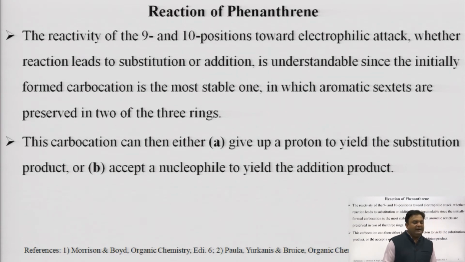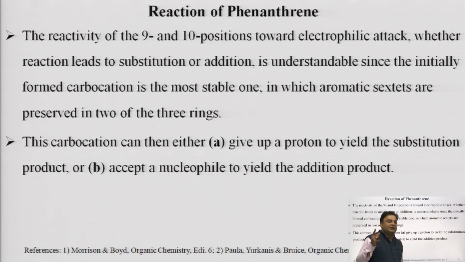Now the reactivity of the 9 and 10 positions towards electrophilic attack, whether the reaction leads to substitution or addition, is understandable, since the initially formed carbocation is the more stable. Again I am telling you that electrophilic substitution reaction is a 3-step reaction.